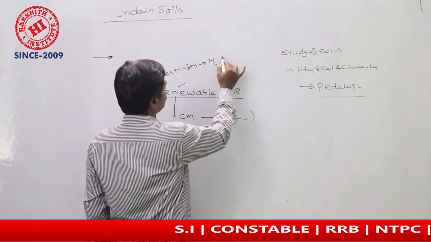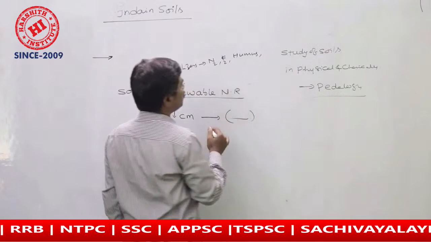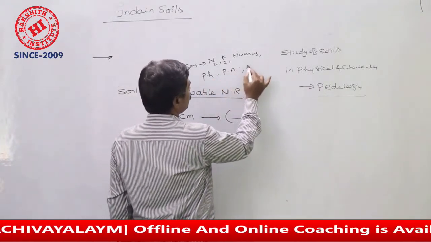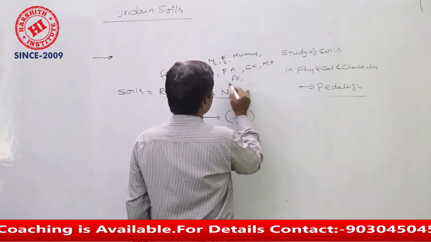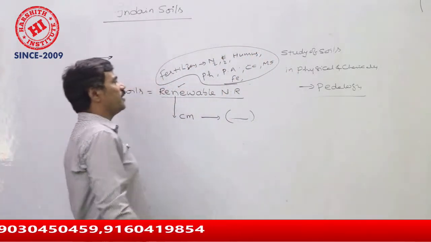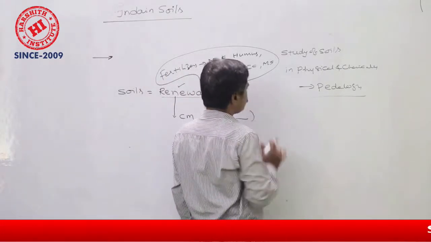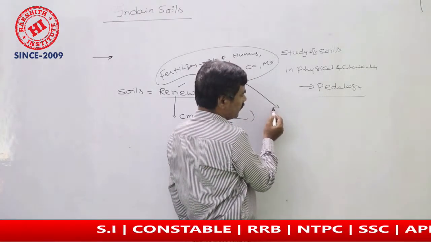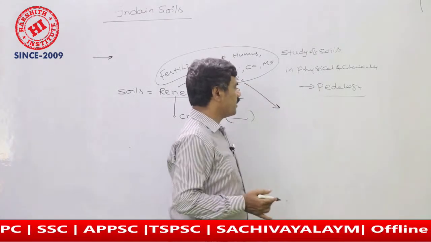Nitrogen fertilizers, potassium, humus, phosphoric acid, and calcium, magnesium, ferrous: different types of minerals can be used to improve the fertility of the soil.